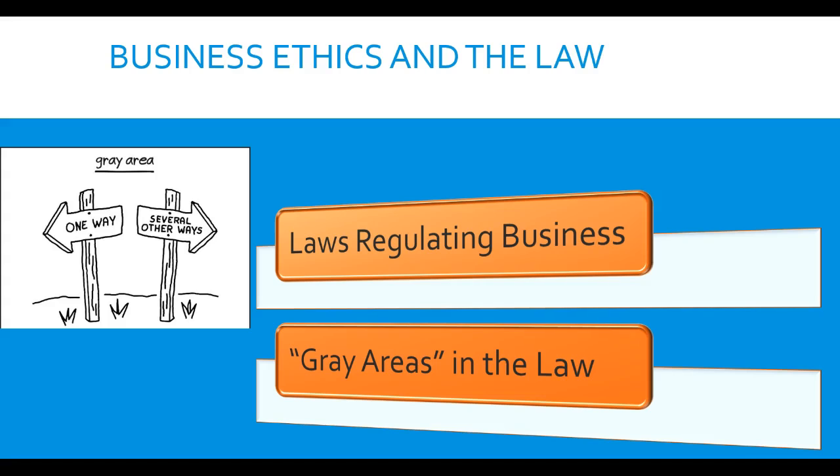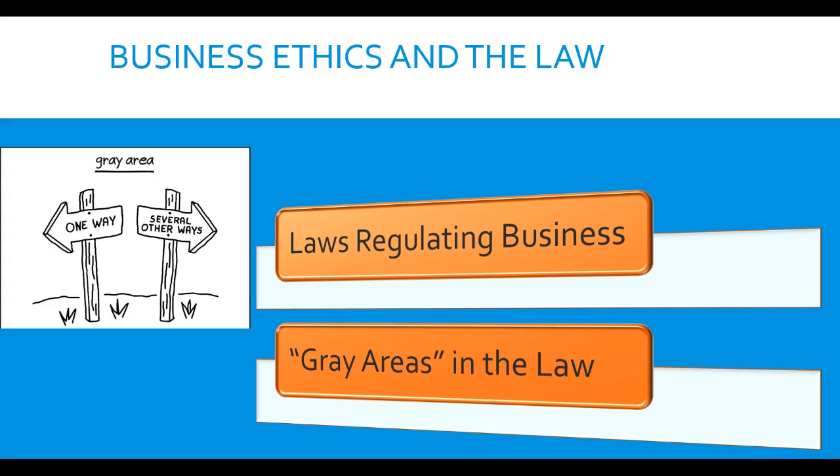The minimal acceptable standard for ethical business behavior is to obey the law. Ethical standards, such as those in a company's policies or code of ethics, must also guide decisions. Because there are many laws regulating business, it's easy to violate one without realizing it. Remember that saying that ignorance of the law is no excuse?